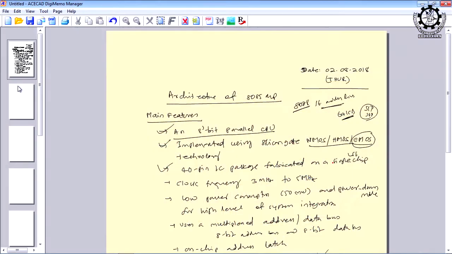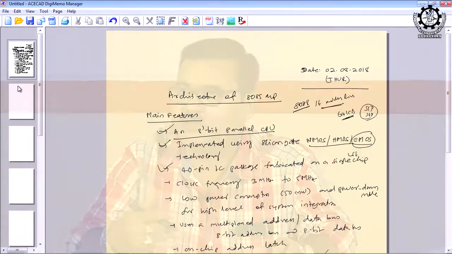We do not have exclusive pins for the data bus or address bus, because multiplexing is possible. So, out of 40, straight away 16 pins are allocated for the address and data lines. Then the remaining pins we have to discuss, and slowly we will see that each and every pin function is clearly defined depending on its use, right.